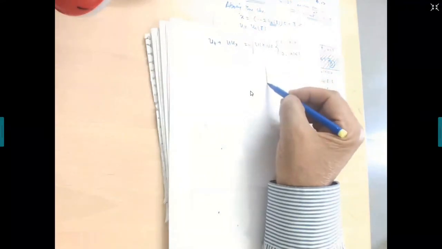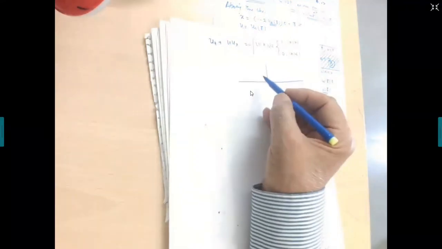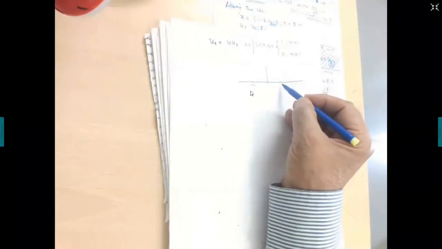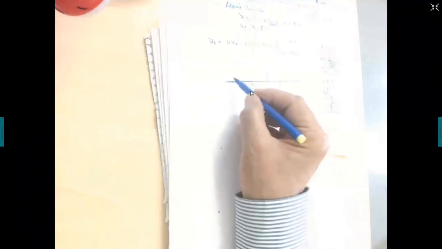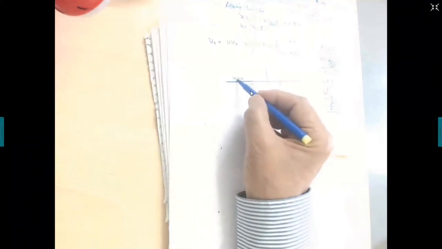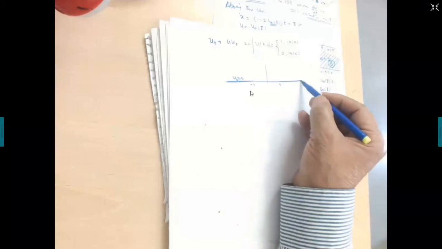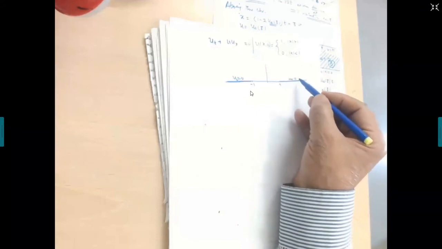So how does the initial profile look? Beyond these points, 1 and minus 1, it is 0. Inside minus 1 and 1, it is 1.